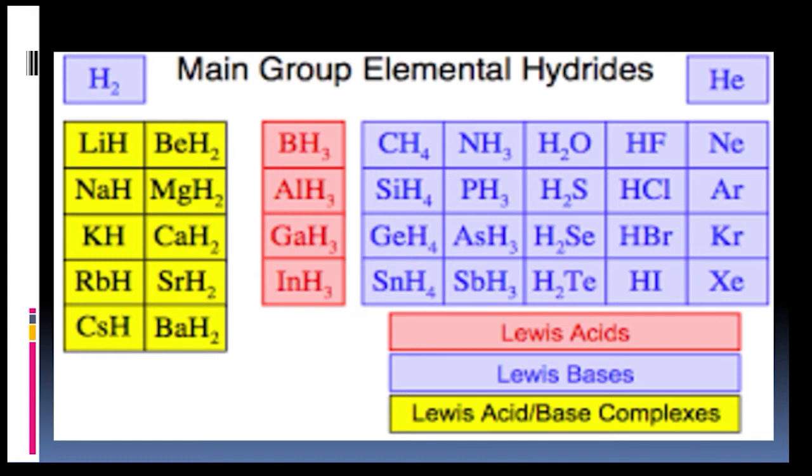In the red box you can see the hydrides of group 13 elements, the boron family, named boron hydride, aluminium hydride, gallium hydride and indium hydride. The purple and blue boxes are hydrides of p block elements of group 14, group 15, group 16 and group 17.